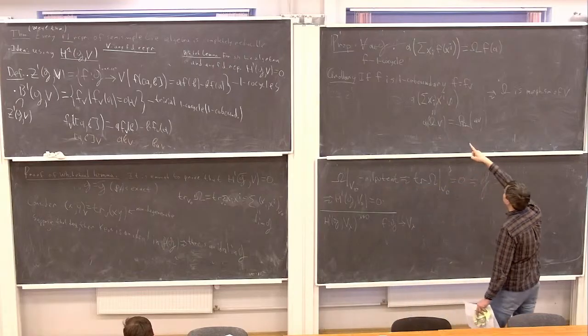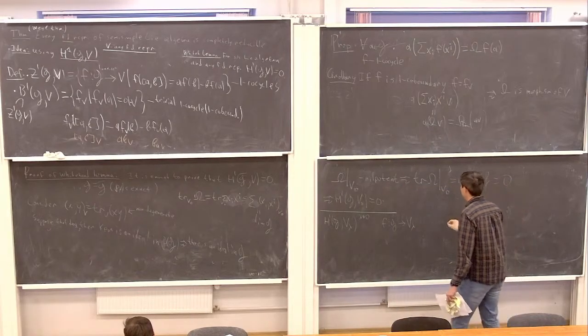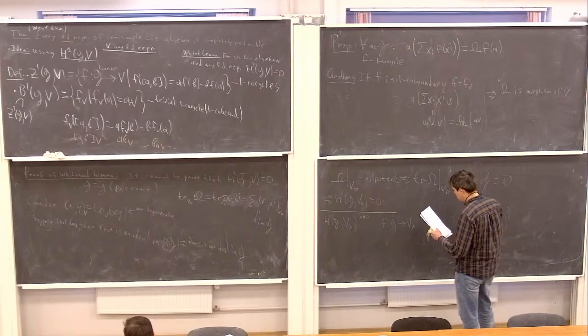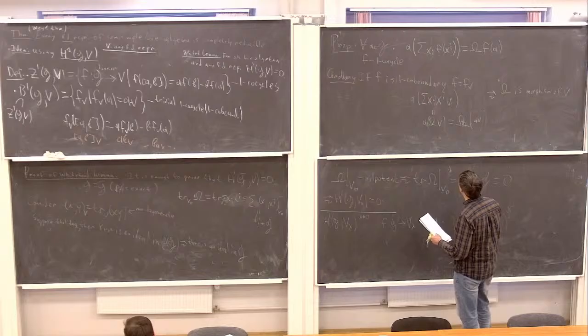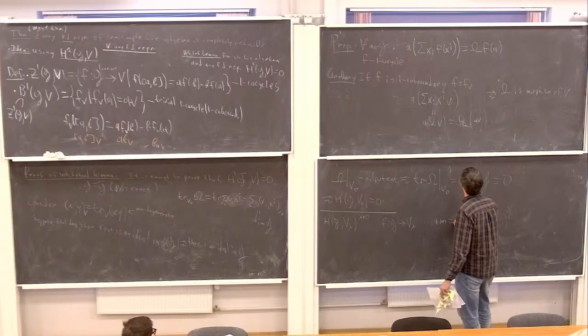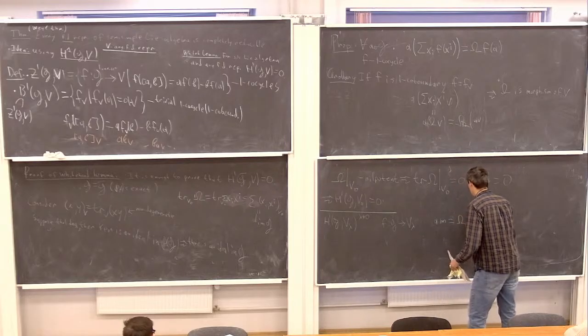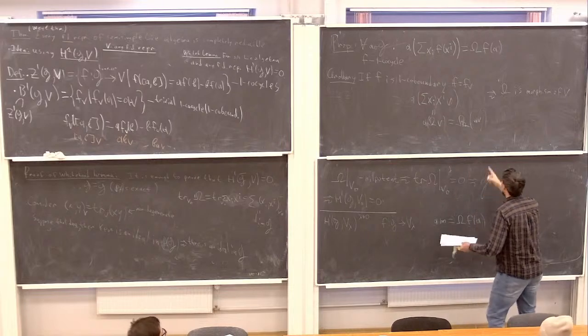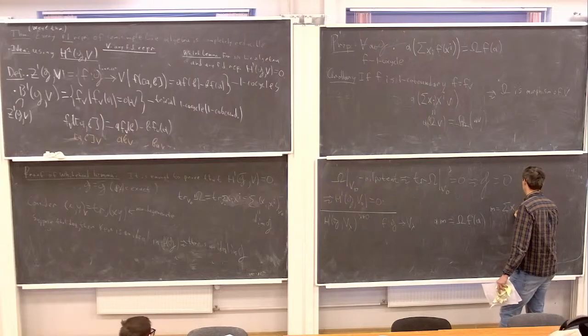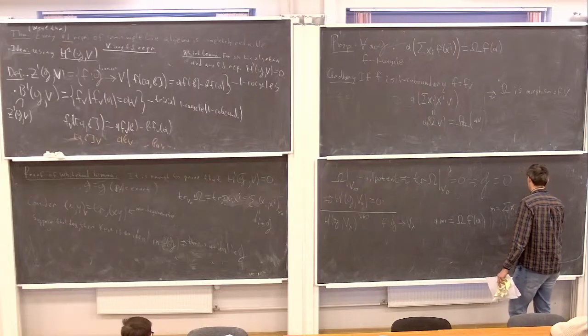Then we know the following property for a one-cocycle: A applied to some element m is equal to omega f of a, where m is the sum of xi f of xi.